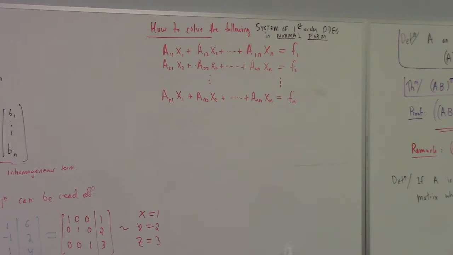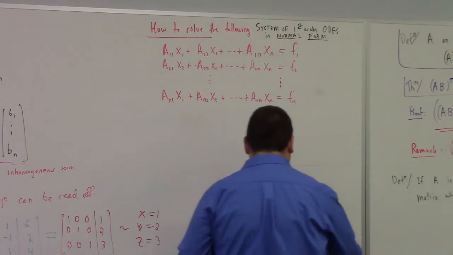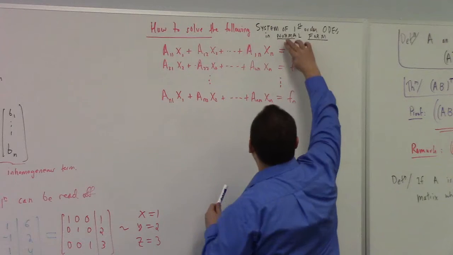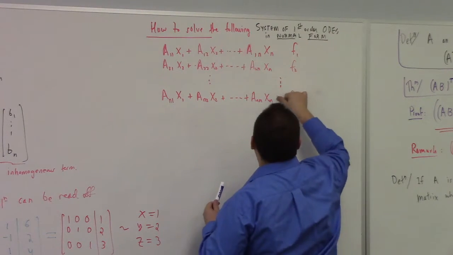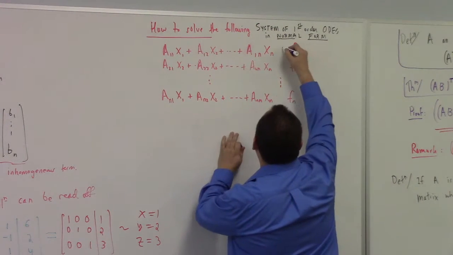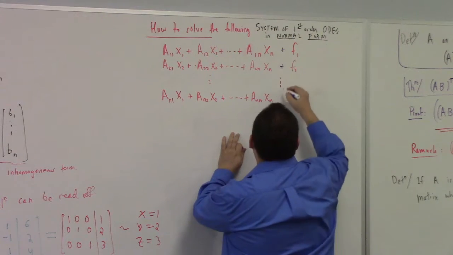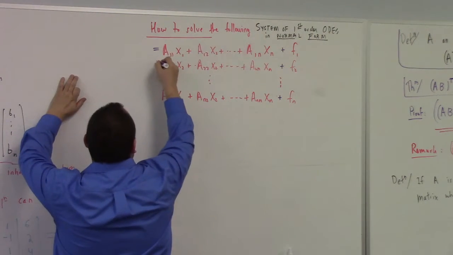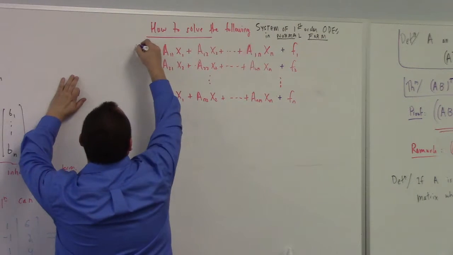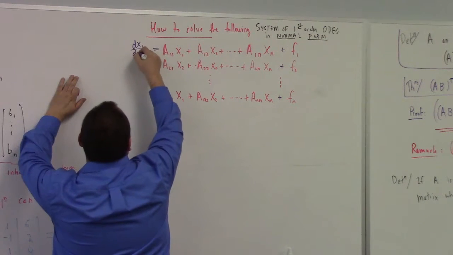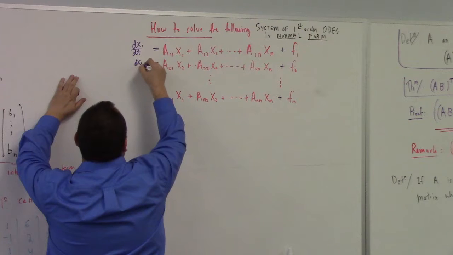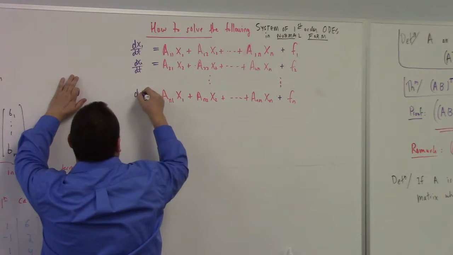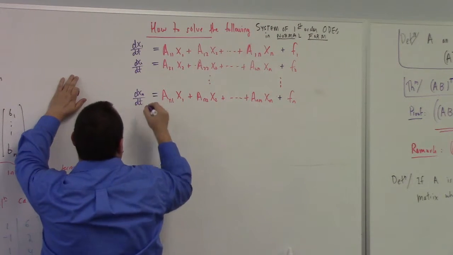So yes, sorry. Let me reorder things here just a bit. Change these equalities to pluses, and let's get some derivatives involved here. So this is dx1/dt, this is dx2/dt, and finally down here is dxn/dt. All right.